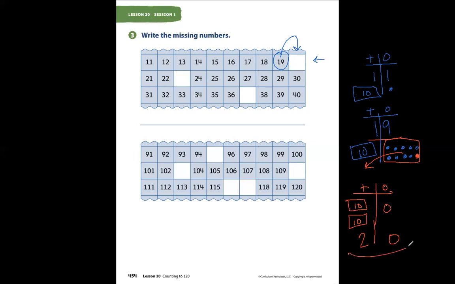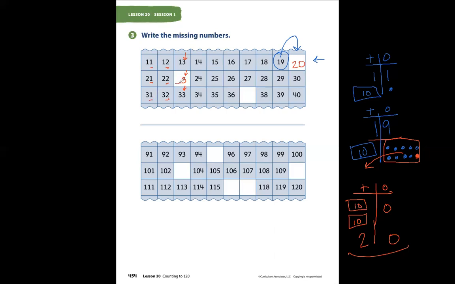19, 20. 21, 22. Look at this. I bet there is a 3 right here. 2, 2, 2. 1, 1, 1.